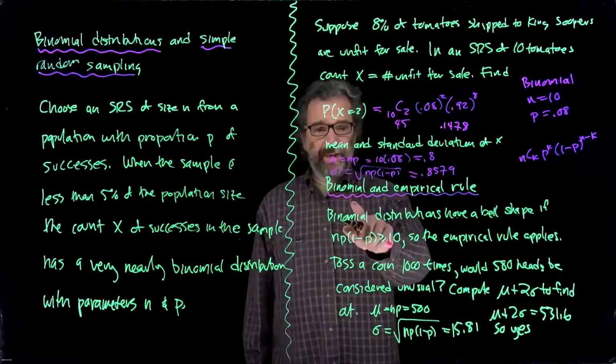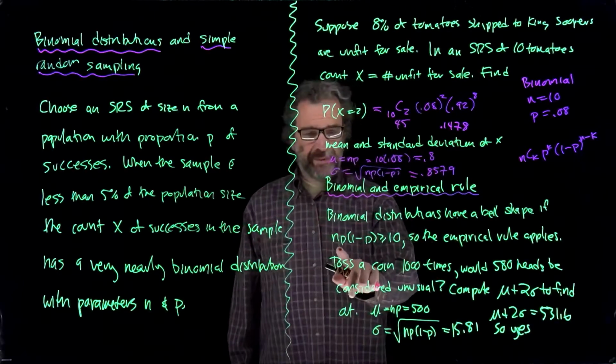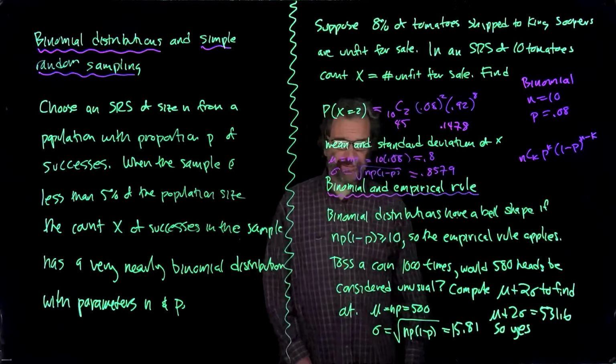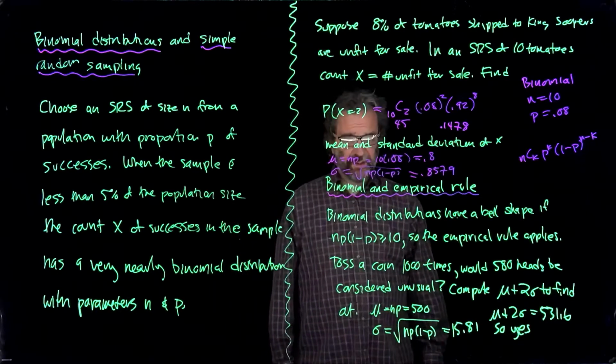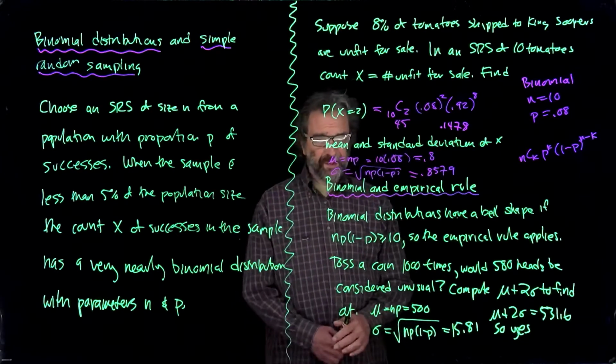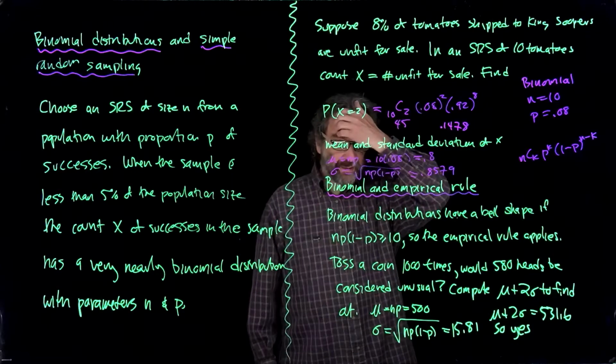And then over here we go, binomial and the empirical rule. It says binomial distributions have a bell shape if np times 1 minus p is at least 10. That's our rule of thumb. So the empirical rule applies. Now we're going to use it in this coin tossing experiment. Toss a coin 1,000 times. Would 580 heads be considered unusual?